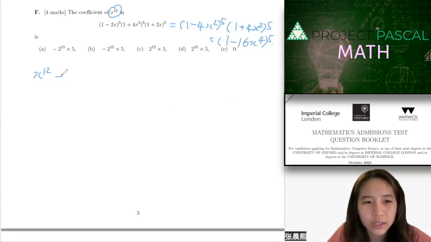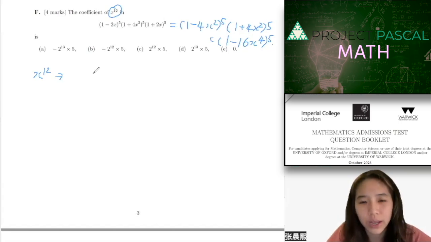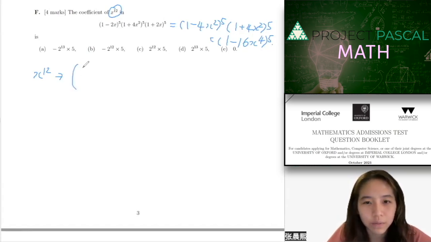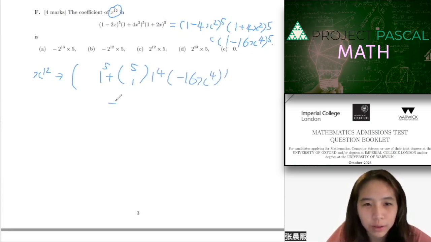So x to the power of 12 is sort of like 1 plus 5, 1 to the power of 5 plus 5, 1, 16 for 1 plus. Yeah, something like that, just use binomial and you expand it, so it isn't that tough.